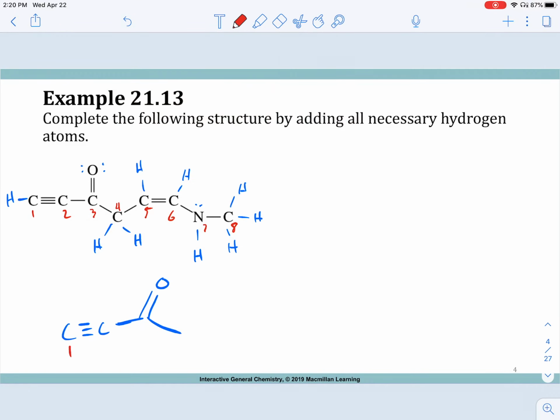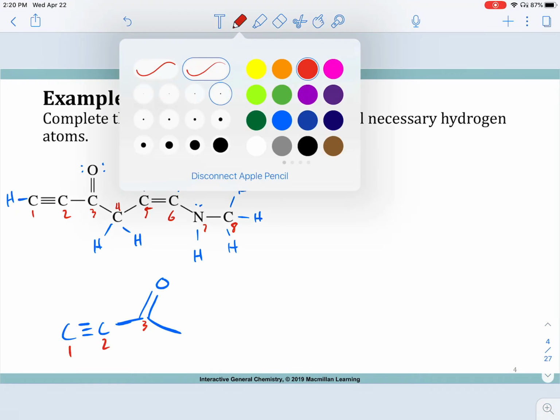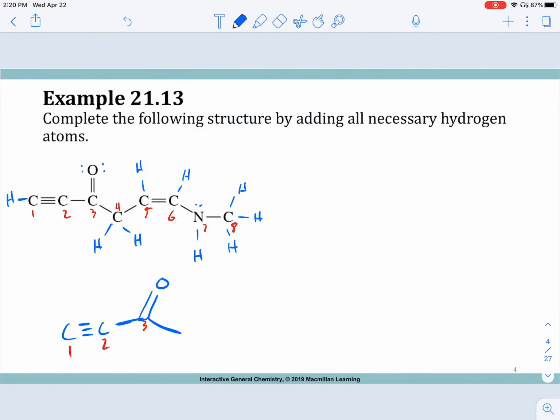This is carbon 1, 2, and this spot here. I don't actually show the carbon. At just any kind of inflection point, I know there has to be a carbon there though. So I'm going to continue on here with number 4 to number 5 to number 6, which is another carbon, to number 7 to number 8. So what did I just draw?